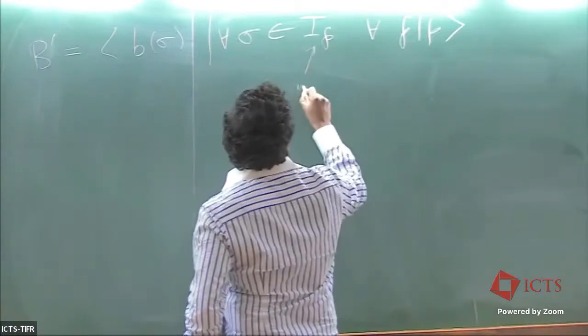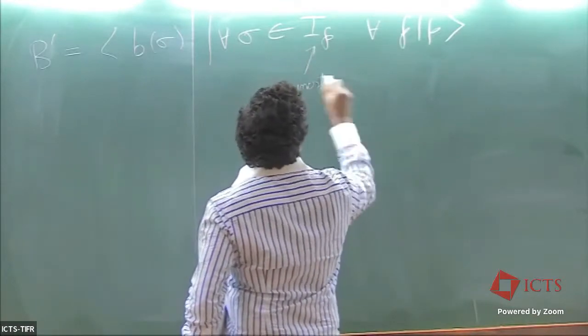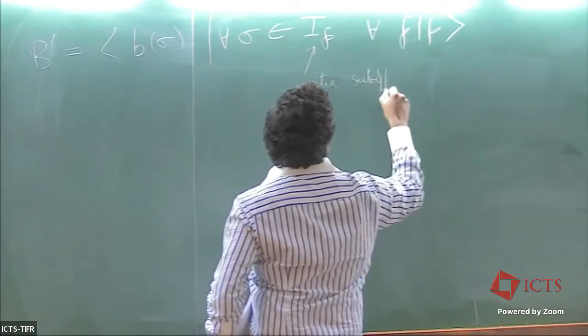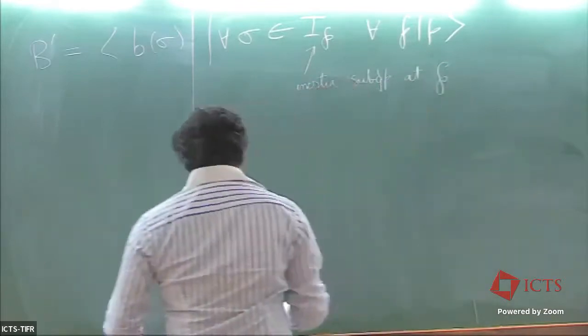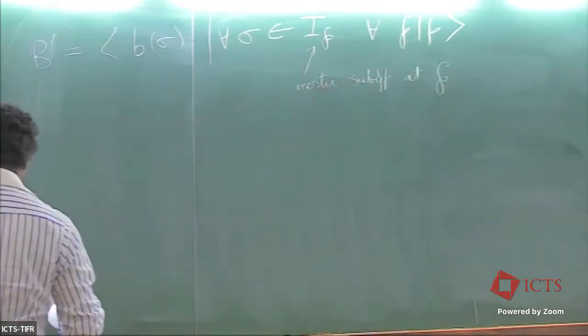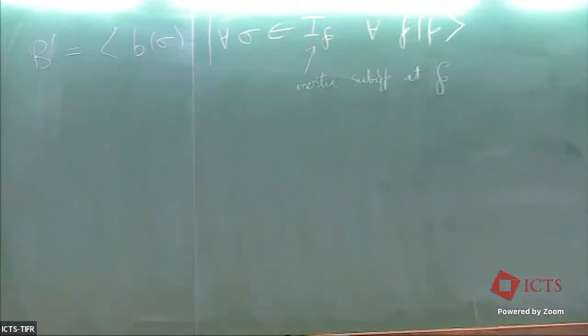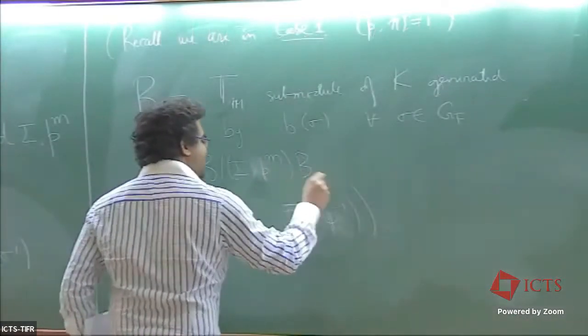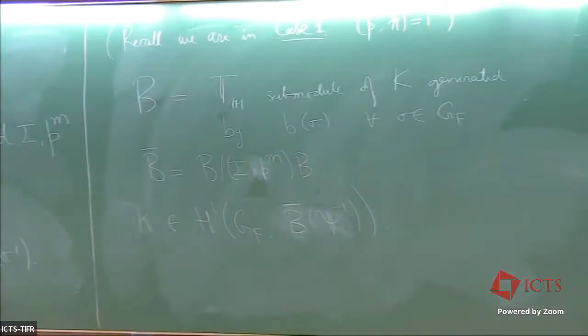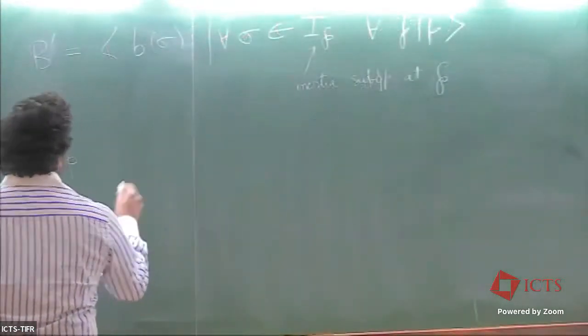So this is the inertia subgroup at P. Okay, so that's one thing. As I said, I'll not be very careful with my powers of P, but actually I should have kind of said this here. But I had already declared that I won't be careful. So instead of my B bar, I take what I call B sub P bar.